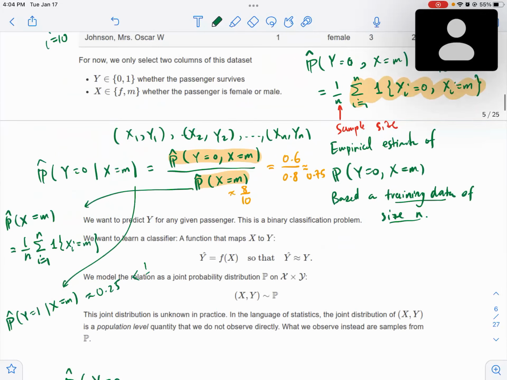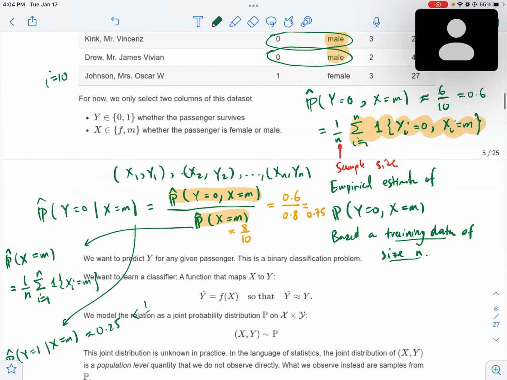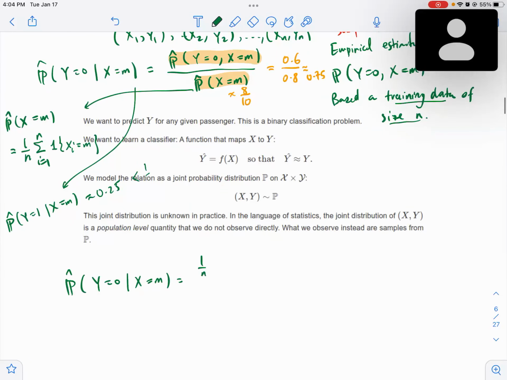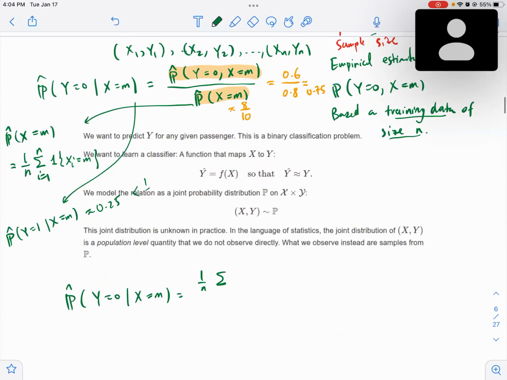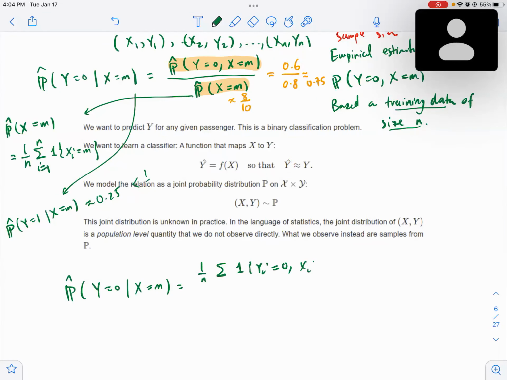So remember, if I plug in this formula here, this is 1 over n summation indicator of y equal 0 and xi equal to m, divided by 1 over n summation indicator of xi equal to m.